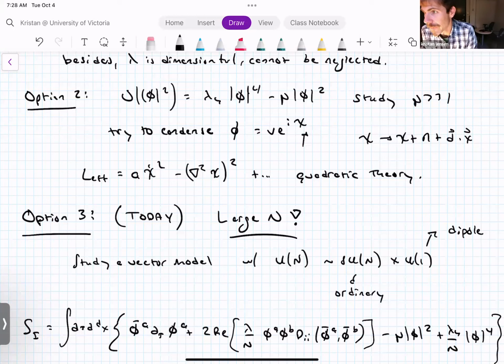And in order to have a nice large n limit, I'm going to impose even more symmetry than I did before. I'm going to impose a UN global symmetry that rotates these n components into each other. And that UN, well, it has an SUN part and a U1 part roughly. The SUN part, I'm going to impose as an ordinary symmetry. And for the U1, that's where my dipole symmetry is going to be.